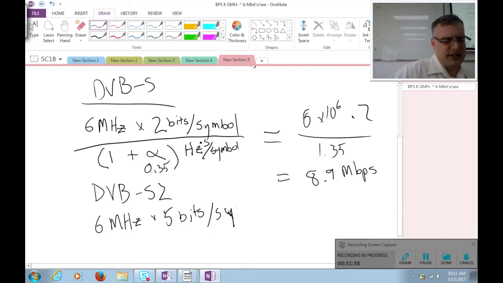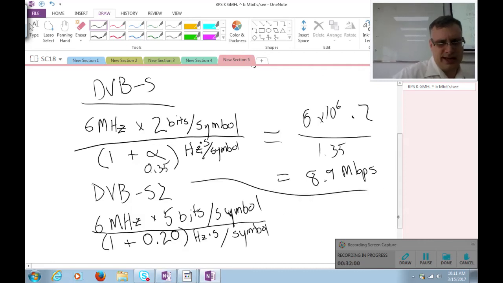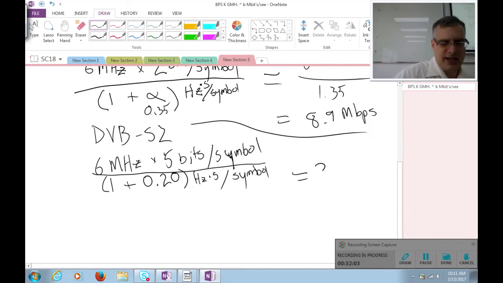And what's more, because of the evolving hardware considerations that were later available, I can actually generate tighter roll-off pulses, up to 0.20 hertz seconds per symbol. And so what does that calculation wind up being? That comes out to a cool 25 megabits per second.